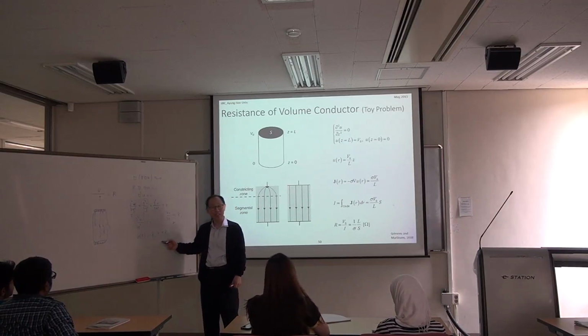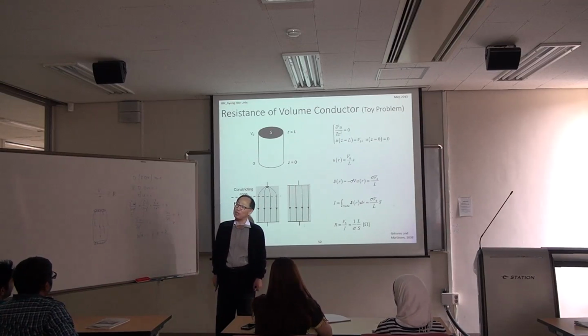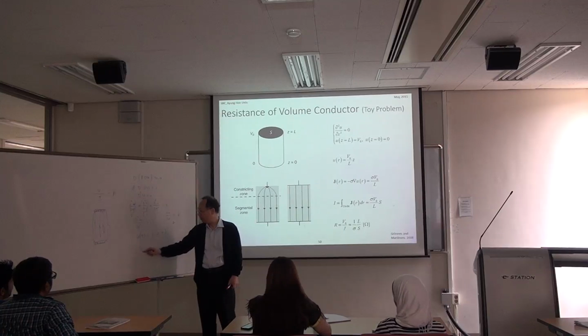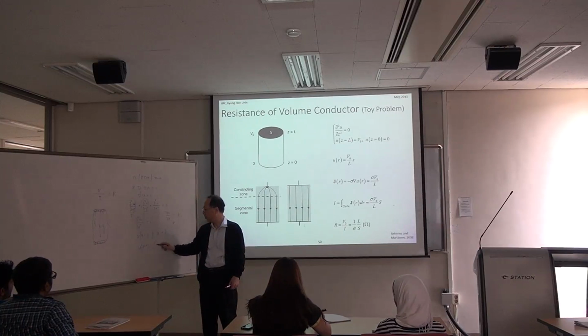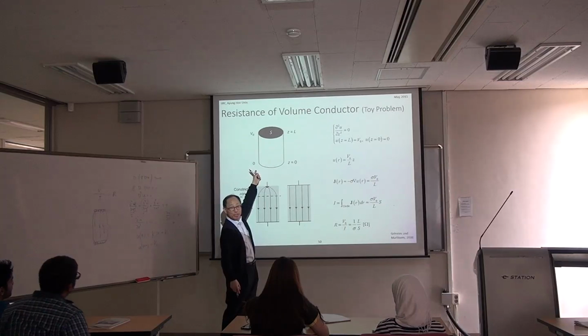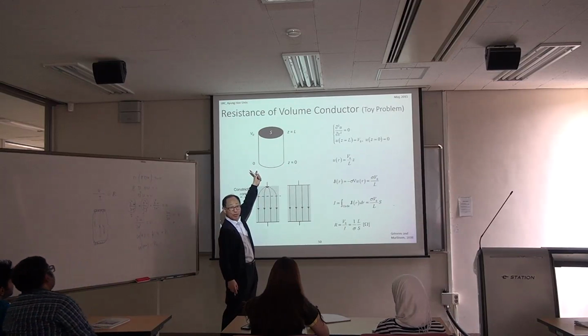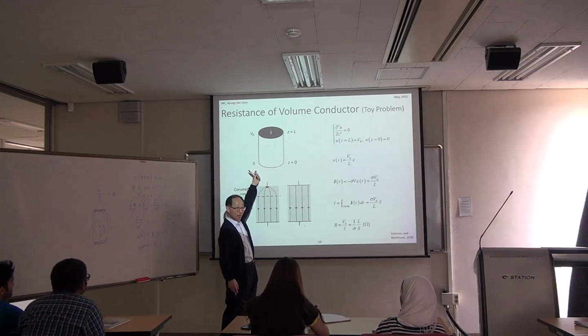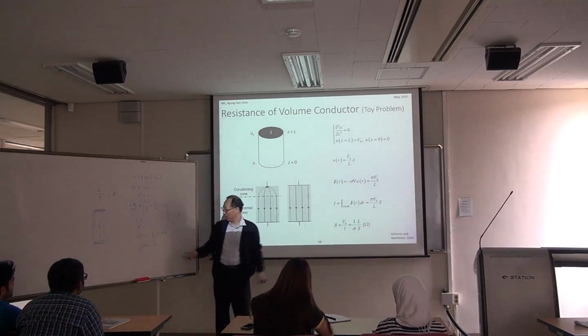Then what kind of boundary condition do you have? U at z equals 0, that is what? K2. And what's the value at z equals 0? Voltage is 0, from the boundary condition. So K2 is 0.